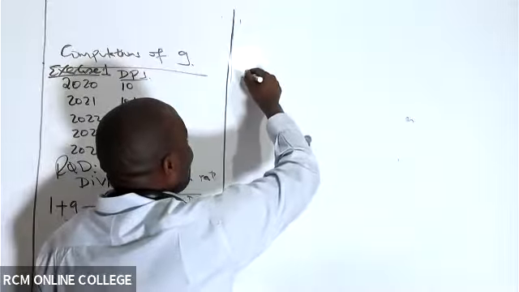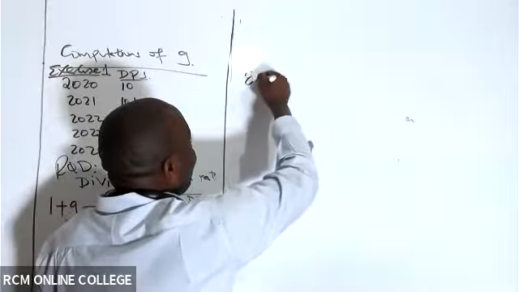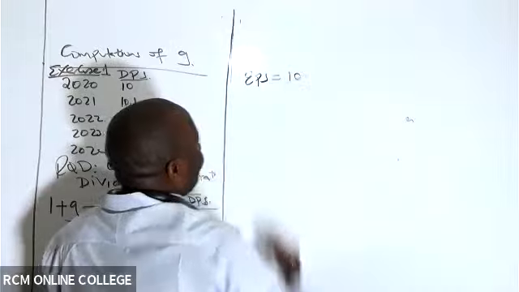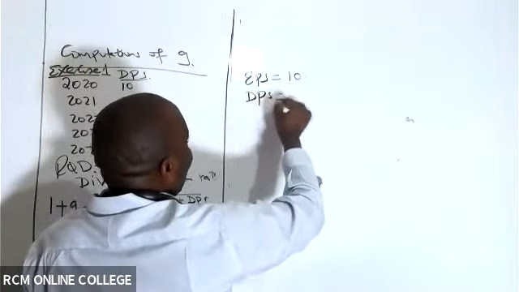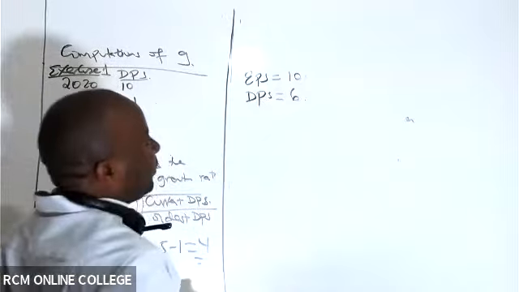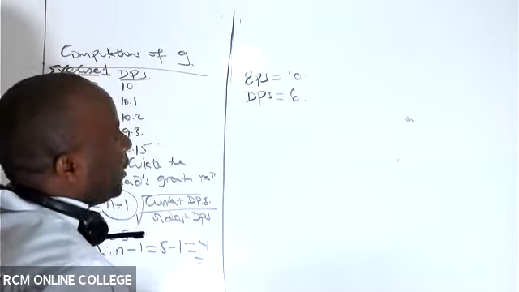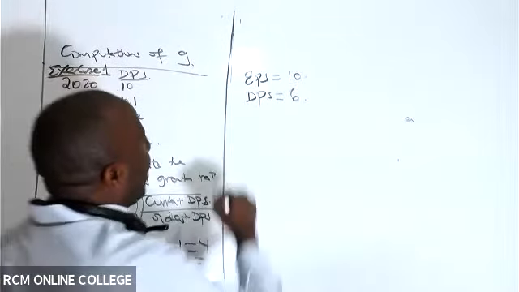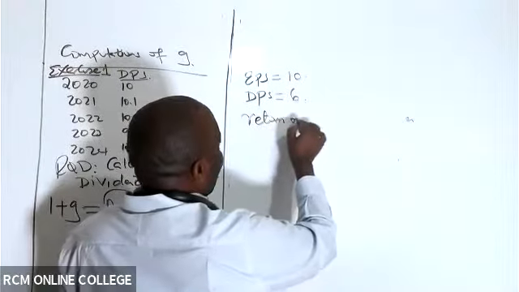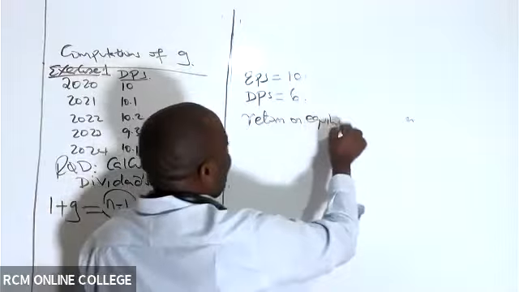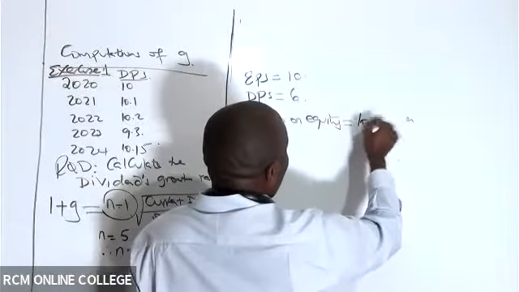Let's see here. So we are given a situation where EPS is 10. Dividends paid 6. Return on equity is 10%.